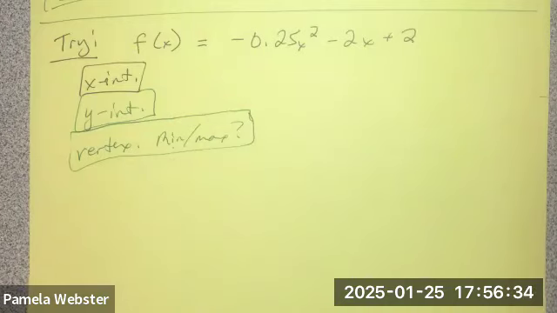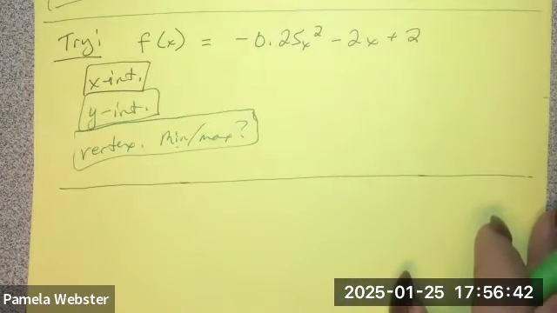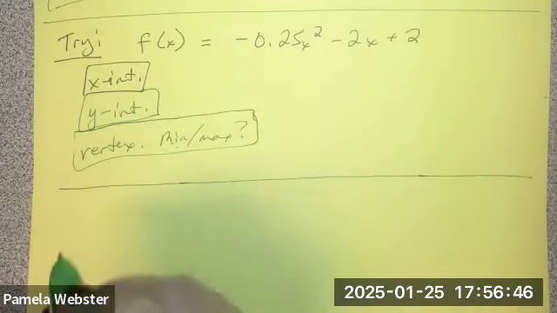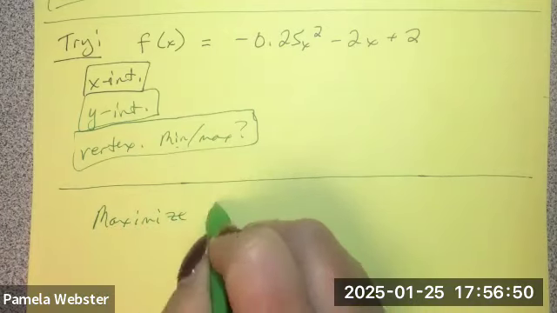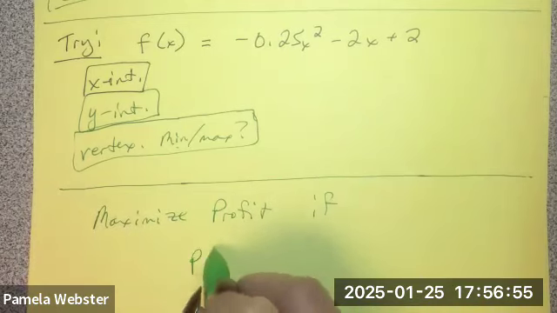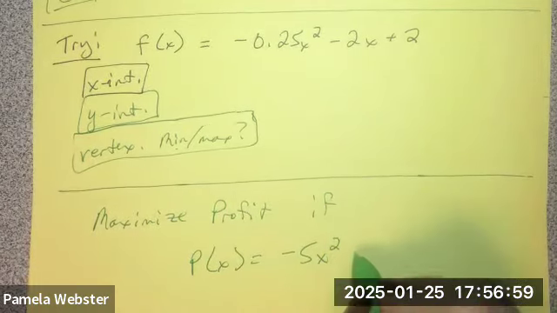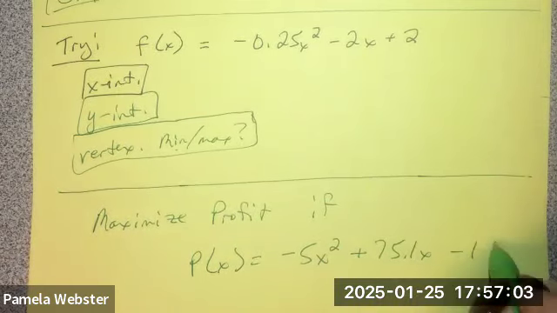I'm just going to say that sometimes there are word problems involved in this homework. So real quickly, if the problem in the homework asks you to do something like maximize profit, if P of x equals, and I'm just going to say negative 5x squared plus 75.1x minus 156.